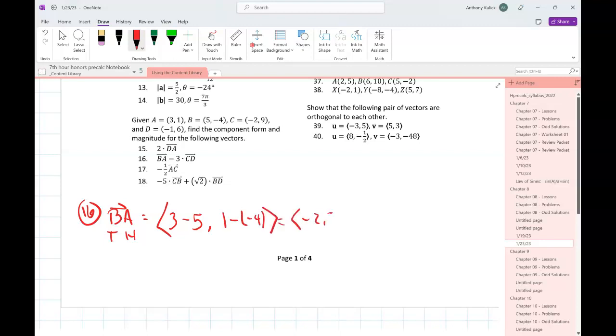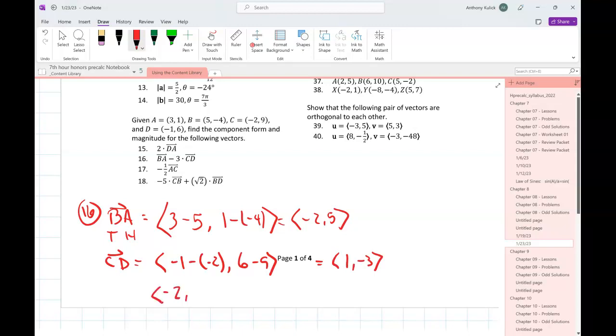So I have negative 2, 5. And then CD, again, we're doing head minus tail, so I'm going to have negative 1 minus a negative 2, and then 6 minus 9. So that's going to be 1 comma negative 3.